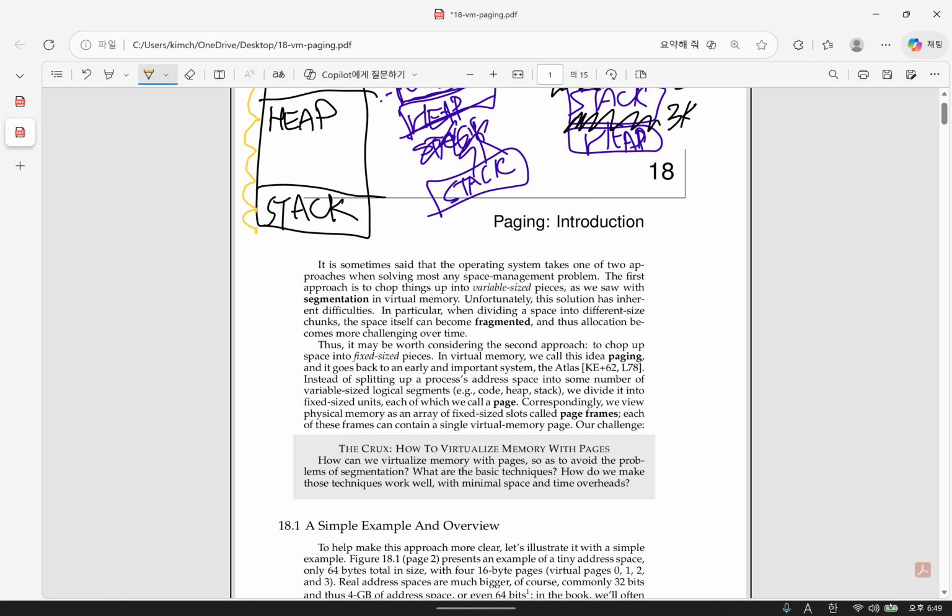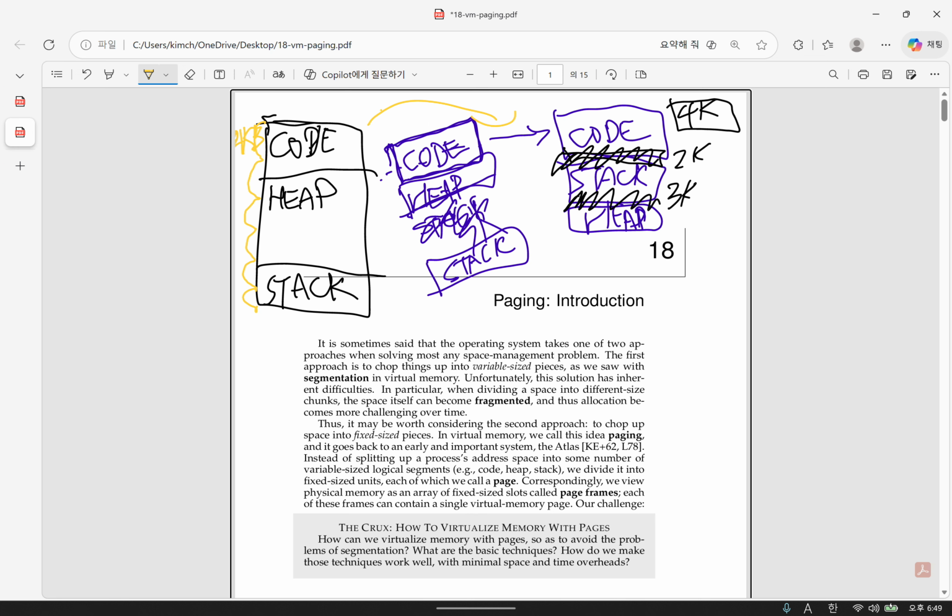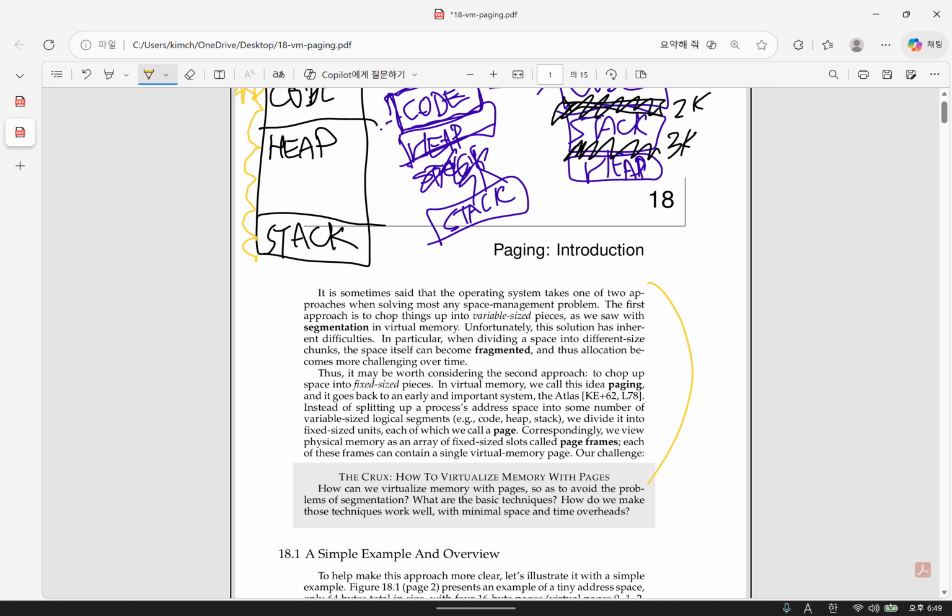It was used historically by Intel x86, so this book does cover it. But anyhow, that's the first part.